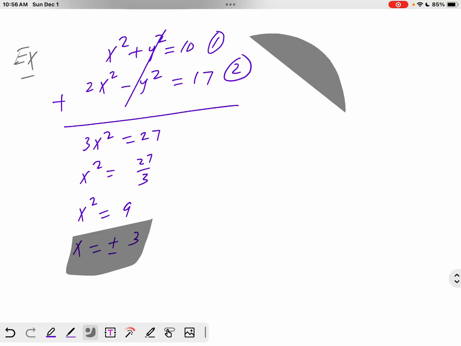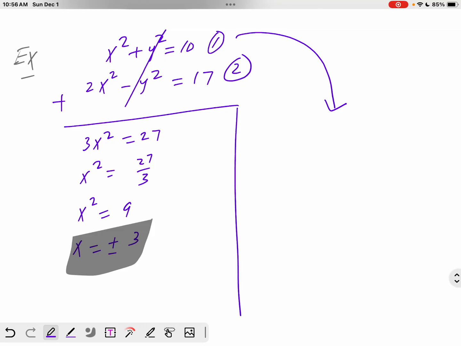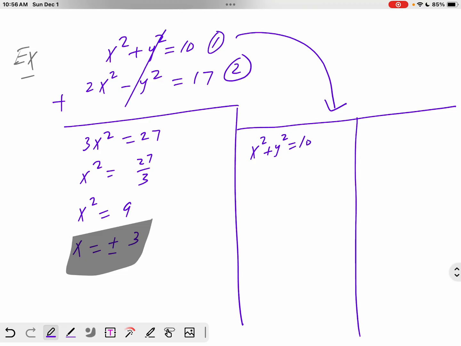So using the number 1, write that equation twice like this. First one here is x squared plus y squared equals 10. Write one more time: x squared plus y squared equals 10.